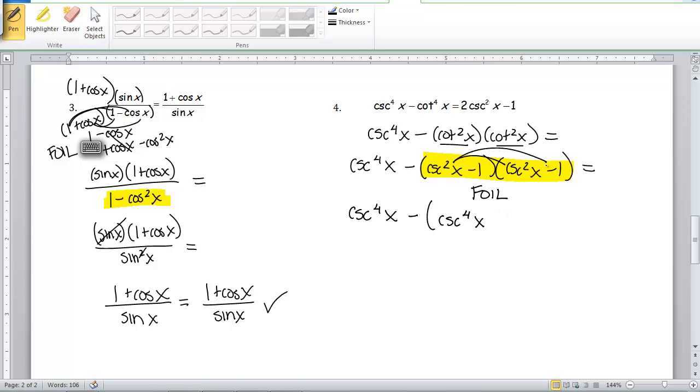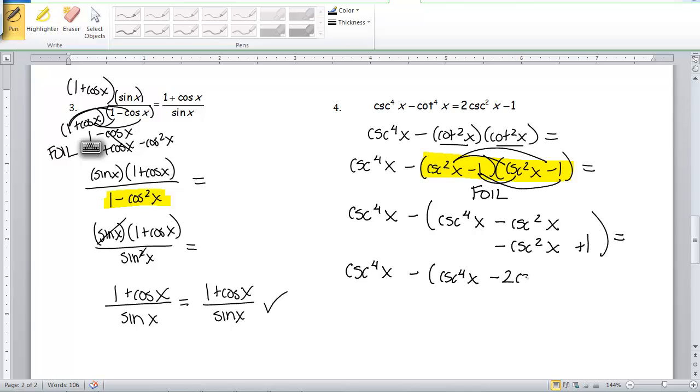Cosecant squared times a -1. -1 times cosecant squared is another negative cosecant squared. And -1 times -1 is a +1. Simplifying, that leaves me with the cosecant to the fourth, -2 cosecant squared x plus 1.